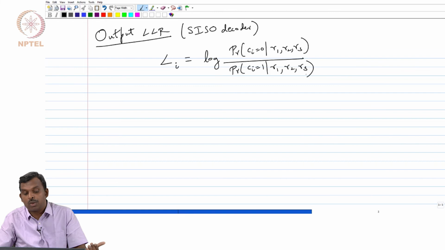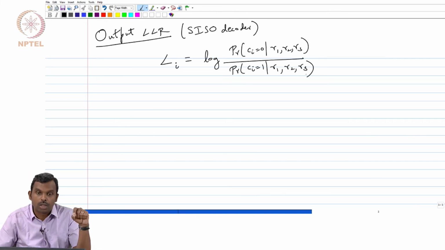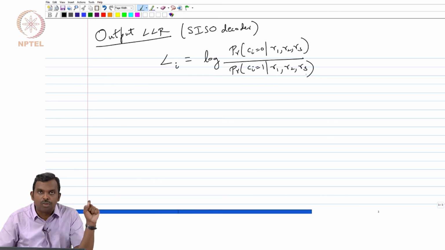All the three received values have to be taken into account. This is the output LLR. This is what I really want at the output. What is my final belief after having seen all the three received values? If you looked at the previous calculation, it was the channel LLR or the intrinsic LLR. This is the output LLR, which is the final belief after I have seen all the three received values.